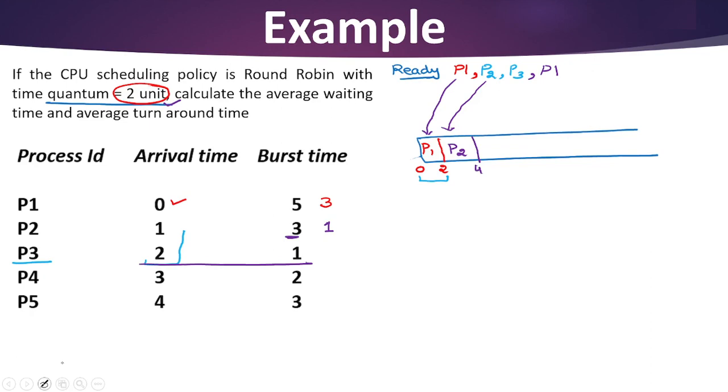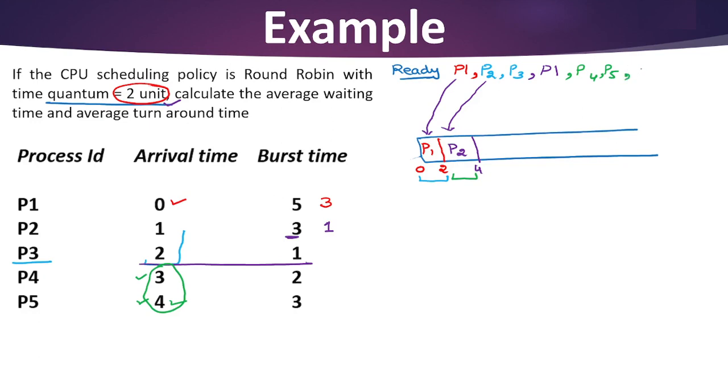The next point here is, while our process P2 was running up to 4, see the arrival times 3 and 4. That means while process P2 was running, these two processes are also added to the ready queue. So after process P1 comes process P4, then we have process P5 in the ready queue. Again we ran process P2, but it has not completely executed, 1 unit is left.